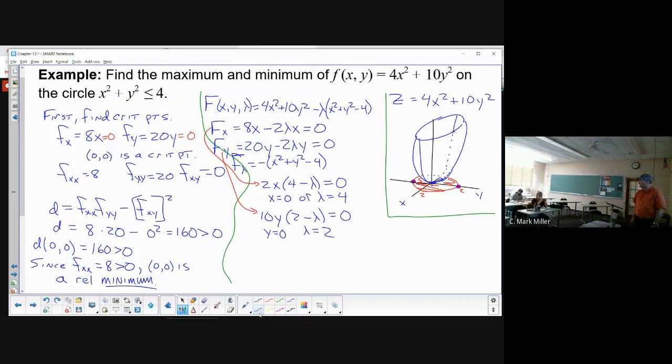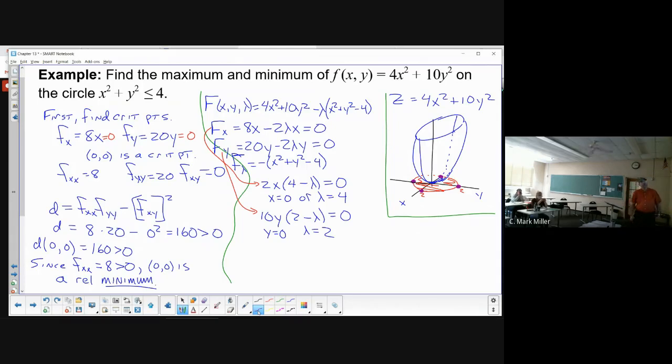That's where x equals 0. It's on that perimeter. It's on the constraint. Similarly, when y equals 0, I'm talking about here or back there. Those are places where y equals 0.